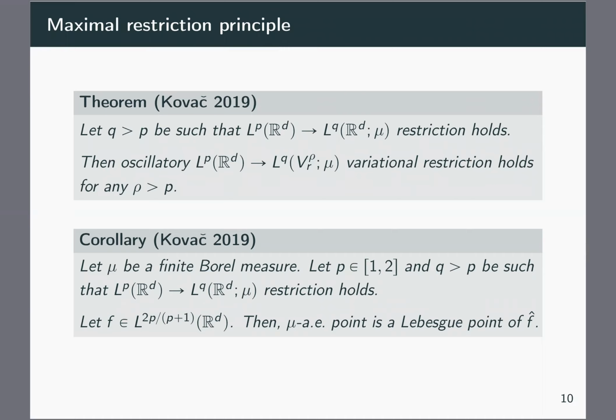So this already gives a very good answer to the question that Müller, Ricci and Wright asked, namely whether restriction implies Lebesgue points, in other words, whether restriction implies intrinsic restriction.